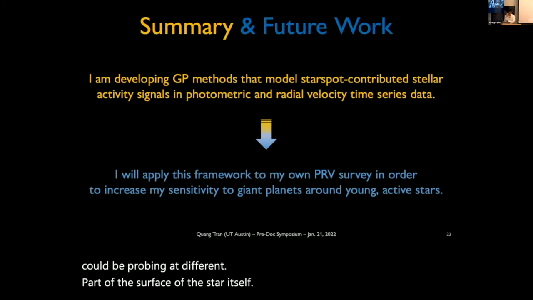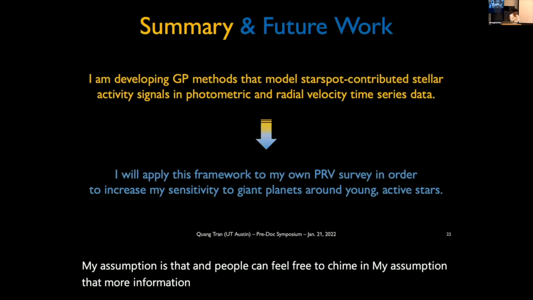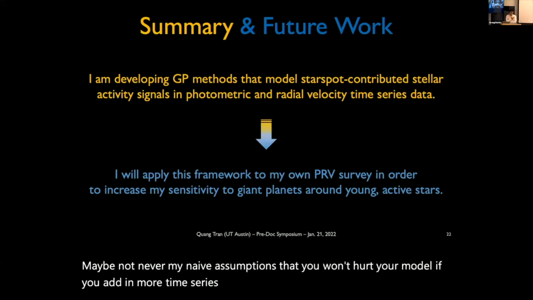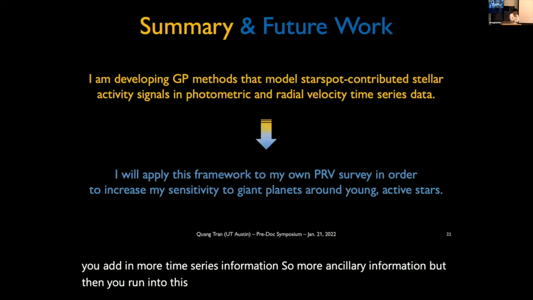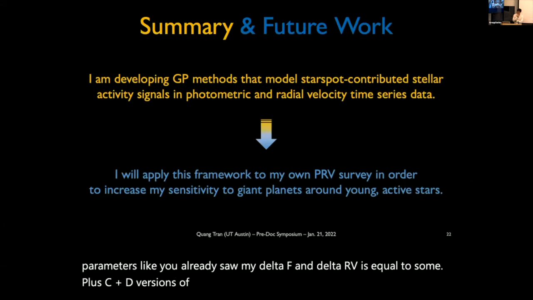My assumption is, and people can feel free to chime in, that more information is good, because my naive assumption is that you won't hurt your model if you add in more time series information, more ancillary information. But then you run into this very complicated issue of scaling all of your parameters. Like you already saw, my delta F and delta RV are equal to some A plus B plus C plus D versions of these two latent processes and time derivatives.